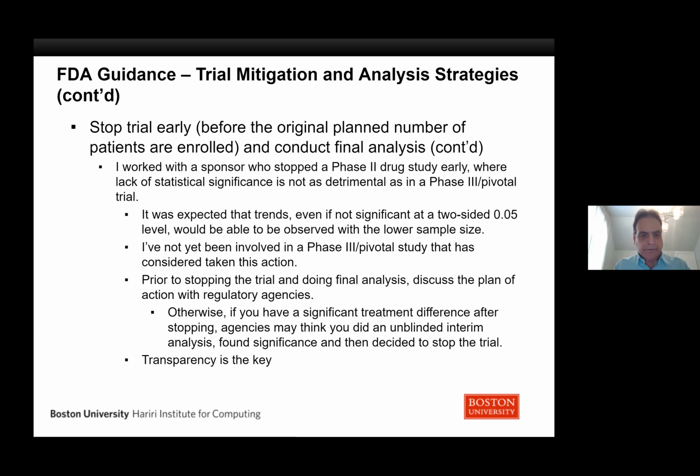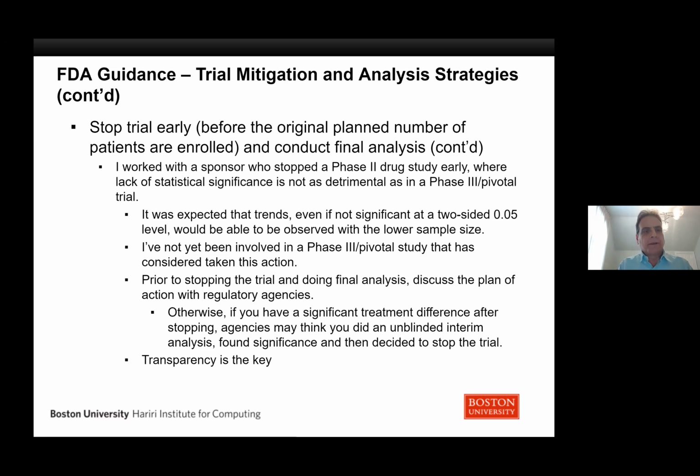But prior to stopping the trial and doing analysis, you need to discuss this with the regulatory agencies involved in your trial. Because if you stop the trial and do the analysis without telling anyone, and the results end up being significant, then some people may get suspicious that you were looking at unblinded treatment comparisons periodically and decided to stop the trial when you saw a significant result.